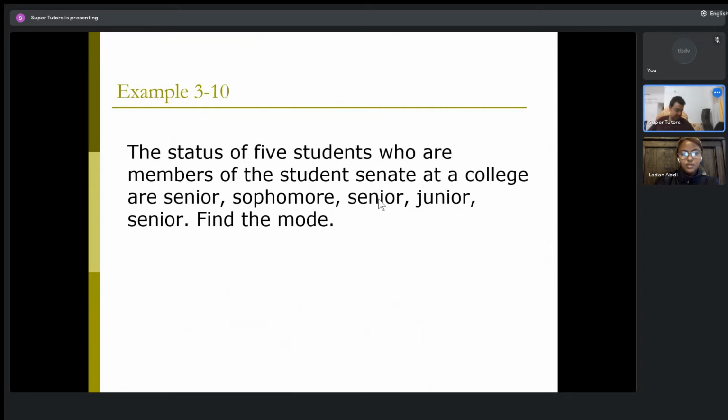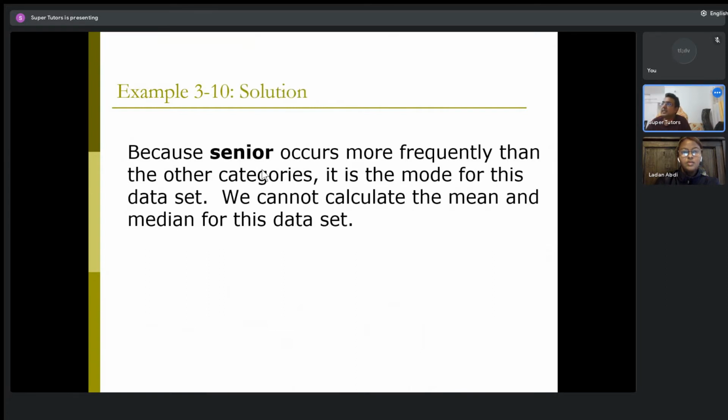Any ideas? Senior. Absolutely, because senior is repeated multiple times, whereas the others are not. So this is one big advantage of using mode, that it can be calculated for this kind of data also.